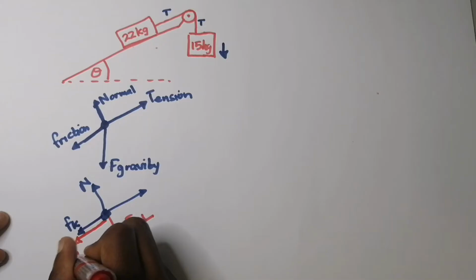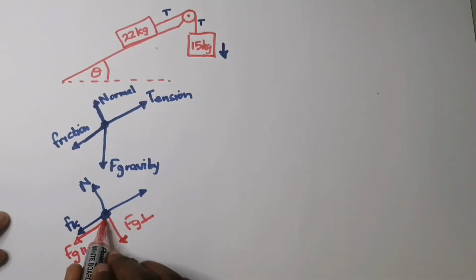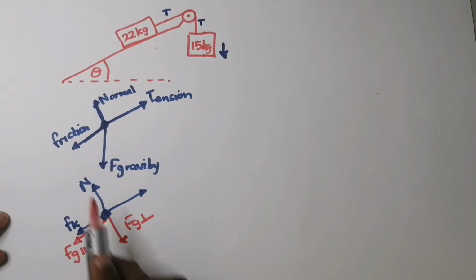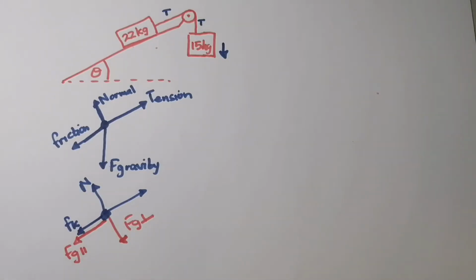So this is going to be Fg parallel. Note that now the Fg parallel is parallel to the incline, and Fg perpendicular is now perpendicular to the incline. So in this case, it now makes a straight line with the normal force. Okay, right. So keep that in mind.